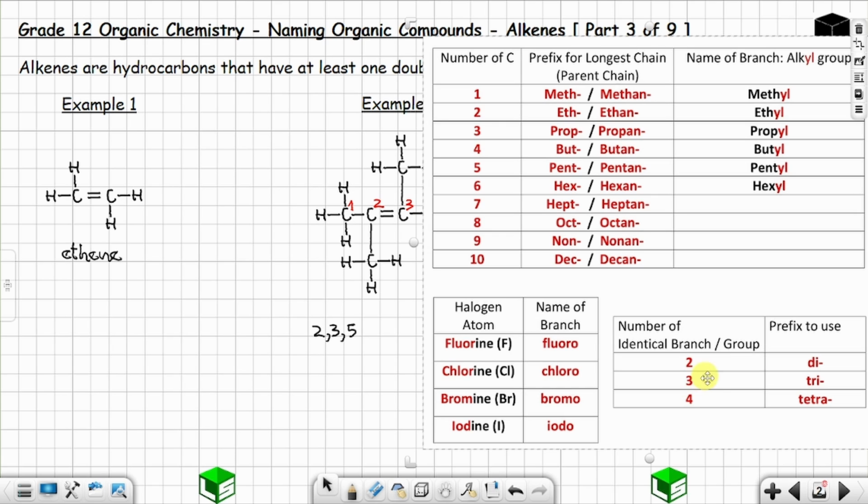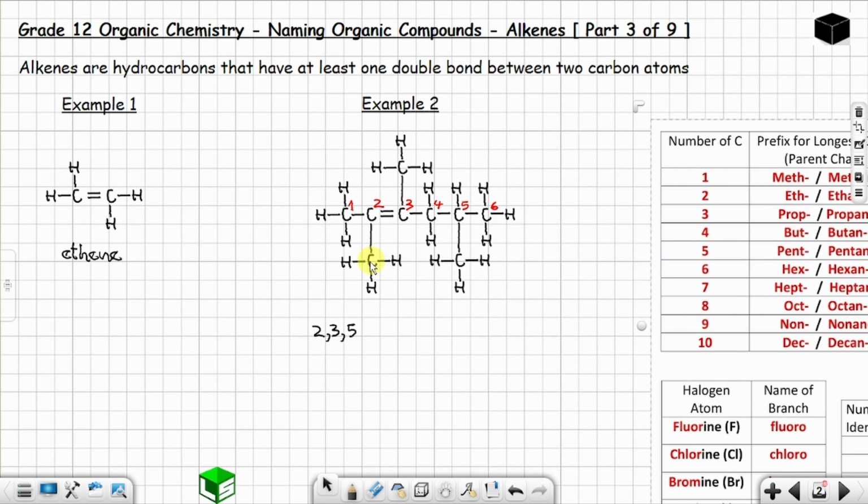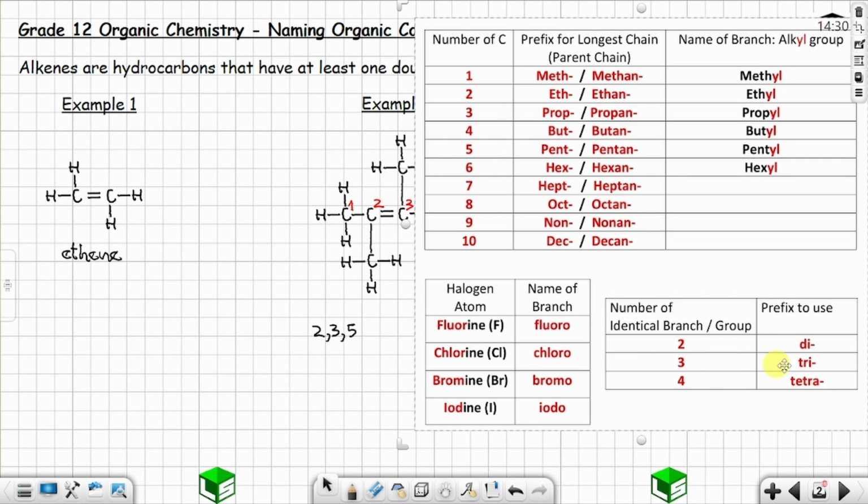When you have 3, you use the prefix tri. When you have 2, you use the prefix di. When you have 4, you use the prefix tetra. In this case, we have 3 of them, so we are going to use the prefix tri.